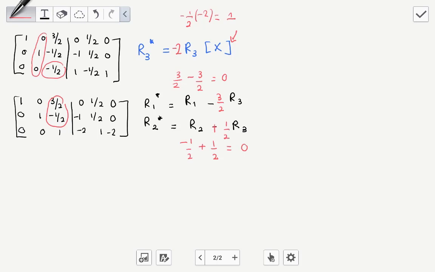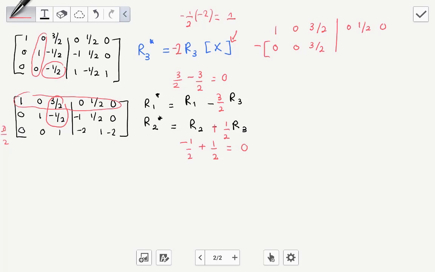Okay, now let's copy this operation. First, we will copy R1. So this is your R1, 1, 0, 3 over 2, 0, 1 over 2, 0. That's your R1. You're going to minus with 3 over 2 multiply R3. Okay, 3 over 2 times 0 will give you 0, 0, 3 over 2.